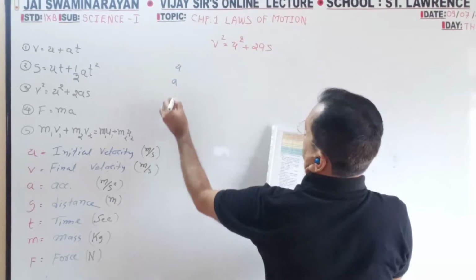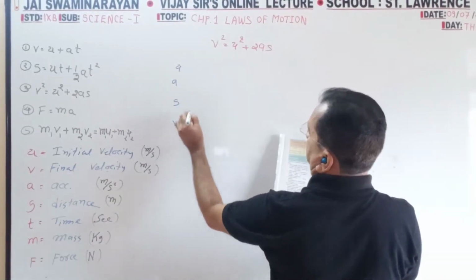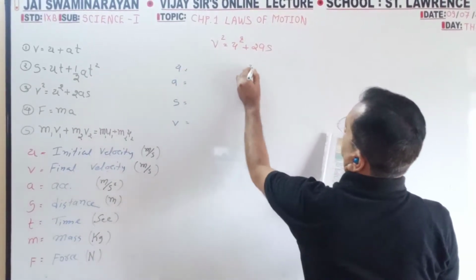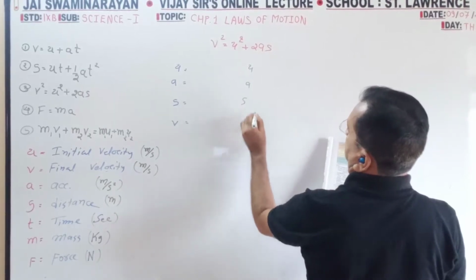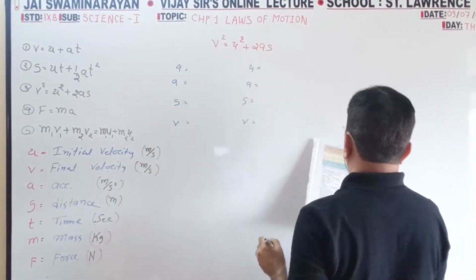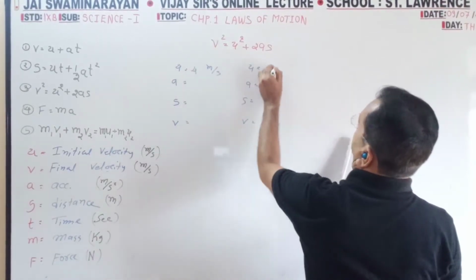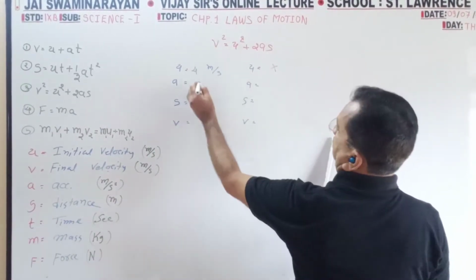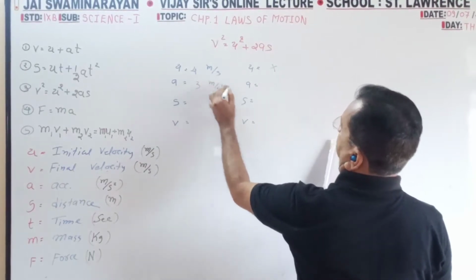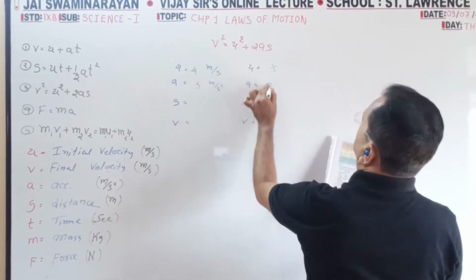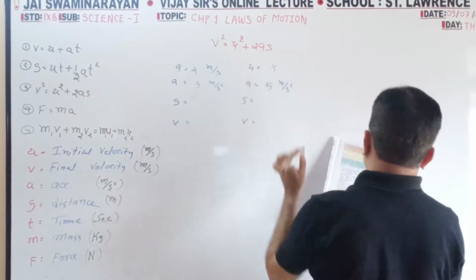U, A, S, V. U is 4 and V is x meter per second, with A as 3 meter per second square, and 5 meter per second square.